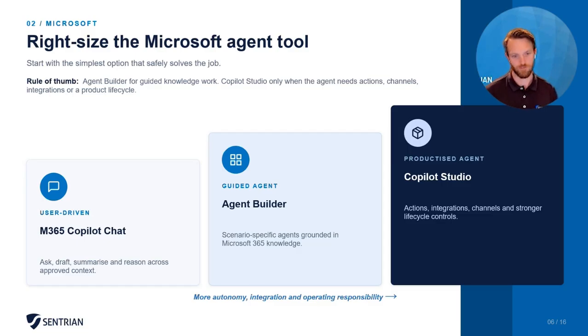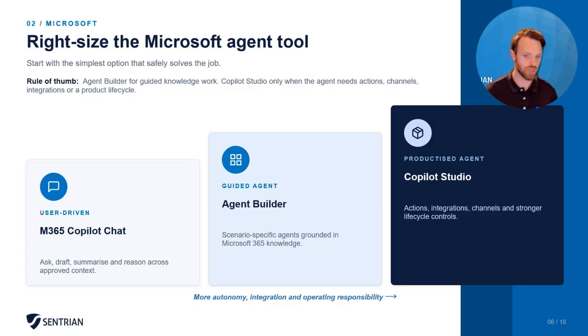And then the very final product or tool is Copilot Studio. So where an agent builder agent is a knowledge and retrieval based AI agent. I'm saying agent a lot, but it's going to happen in this webinar. The Copilot Studio is where we start to plug in additional capabilities, actions and integrations.